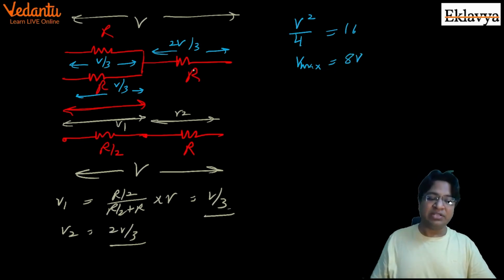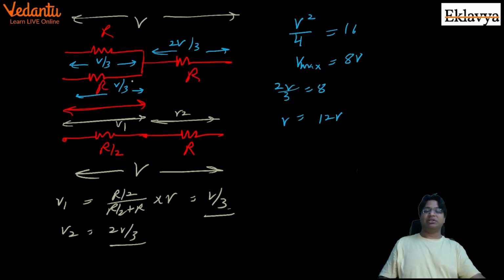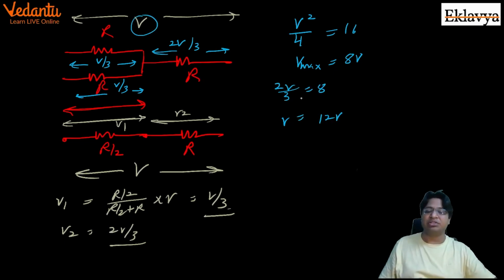So this R is getting exposed to 2V by 3. So when 2V by 3 becomes equal to 8, this R will get damaged. So V is 12 volt. So this entire combination can tolerate a maximum potential of 12 volt. When you apply 12 volt across this combination, this R gets 8 volt across it, which is the maximum that it can tolerate.